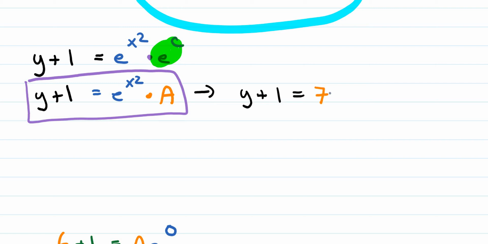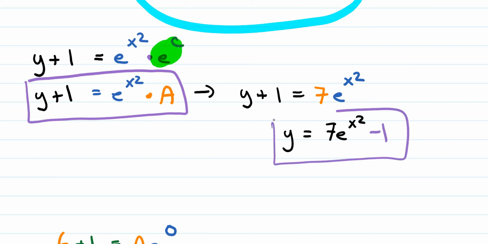And then e to the power of x squared. And just to finish this off now, y would equal 7 e to the x squared, and then I need a minus 1 there, and that should be my final answer for that particular problem. Okay, let's move on to the next question now.